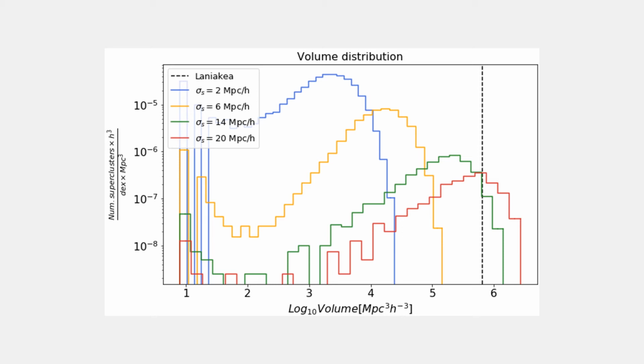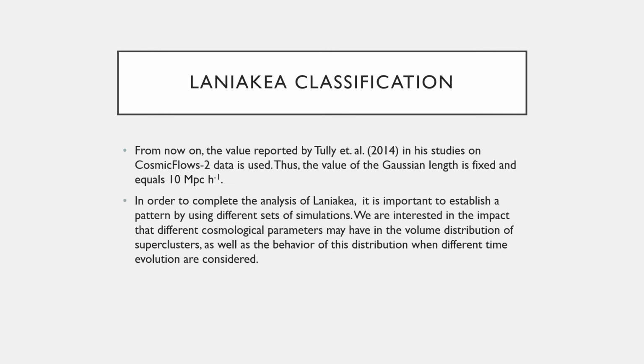We can see that we have to go to high values of the Gaussian length if we want to make Laniakea a typical supercluster. From now on, the value reported by Tully in 2014 in his studies on cosmic flows data is used. Thus, the value of the Gaussian length is fixed and equals 10 megaparsecs by h.